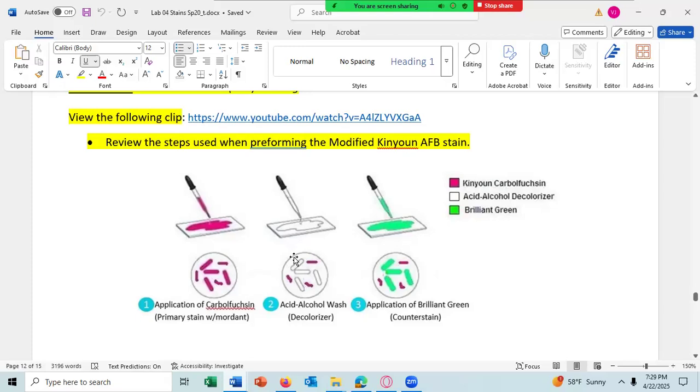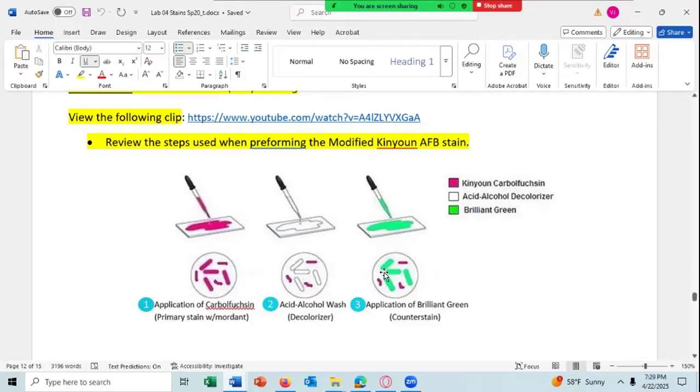It will not pull the carbol fuchsin from the acid-fast positive cells, and they will appear red in color. You then apply brilliant green as a counter stain. Look at the cells, and in this case, we can see carbol fuchsin positive cells, meaning the acid-fast positive bacteria, stain reddish. The acid-fast negative cells stain greenish from the brilliant green. Any question about any of that?